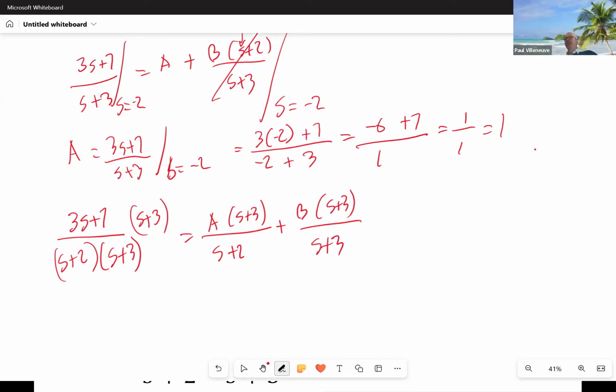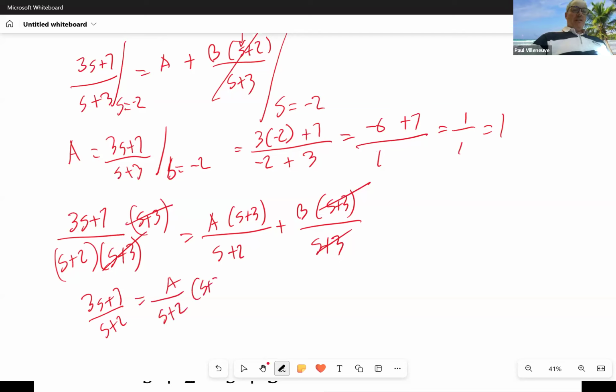Right? Cancel out what I can. And what I'm left with is 3S plus 7 over S plus 2. Y'all have any suggestions of what I should maybe plug in for a value of S so that my A term goes away?